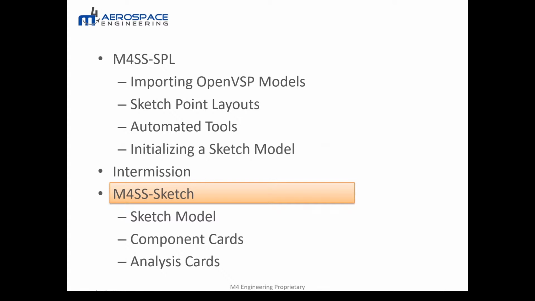First, I'll be giving an overview of how the M4SS Sketch fits into the larger Structure Studio workflow. Then I'll give an overview of what sketch models are and how they are defined by the user. Finally, I'll talk about the different component and analysis cards that can be added to a sketch model. These cards will define various structures and load cases in the sketch model.